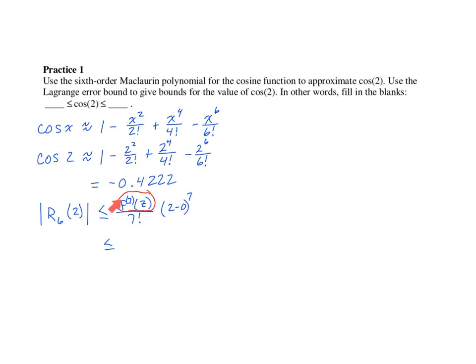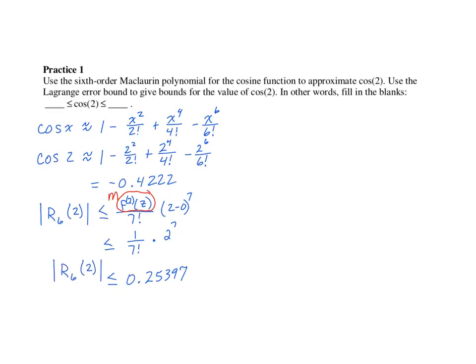Remember, this is our M value that we said we're using, and M stands for the maximum value of the n plus 1 derivative. In this situation, that is going to be 1. So we have 1 over 7 factorial multiplied by 2 raised to the 7th power, and this comes out to be 0.25397.